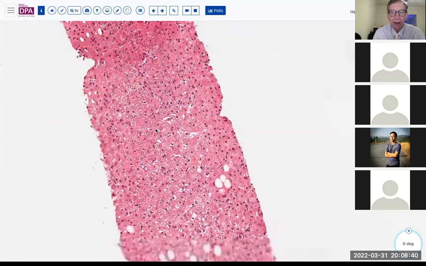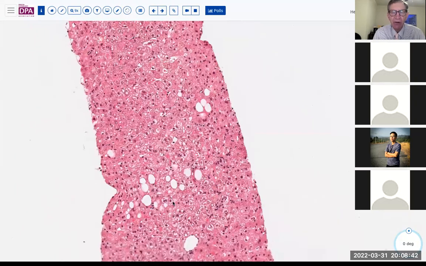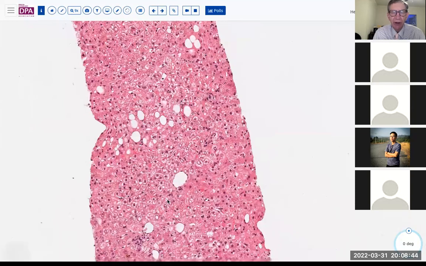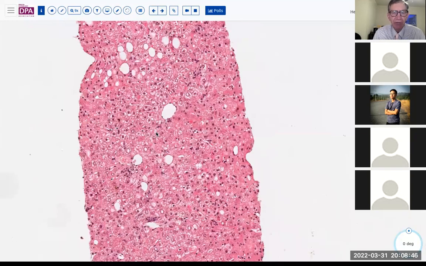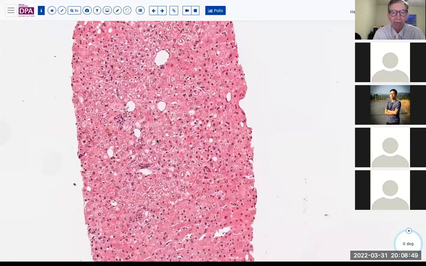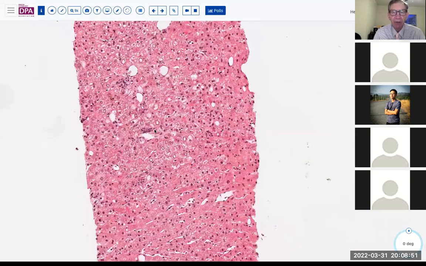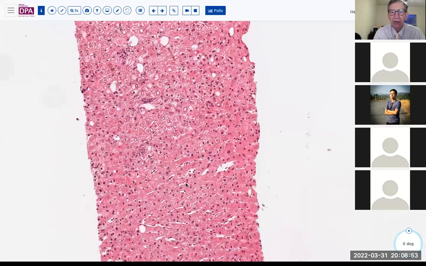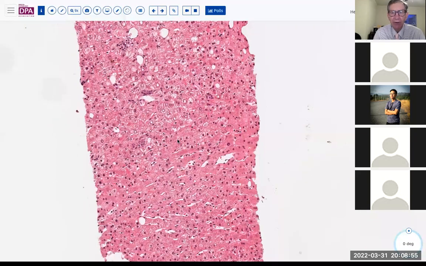So typically in that sort of a situation, I will say, like in this, I have few portal tracts, I have some unpaired vessels without bile ducts. This is consistent with a hepatic adenoma.